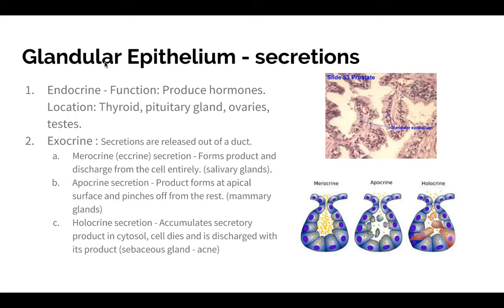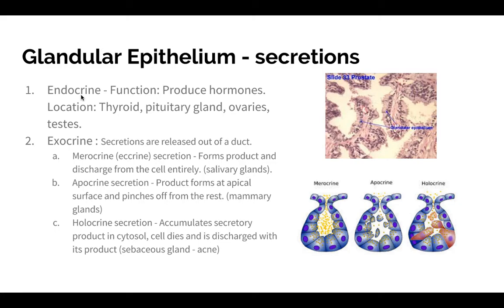Okay, our last slide for today. We have the glandular epithelium, and this type of tissue is responsible for secretions. That's the job of this kind of tissue. There are 2 types of glands that we're going to look at here. You have the endocrine glands.